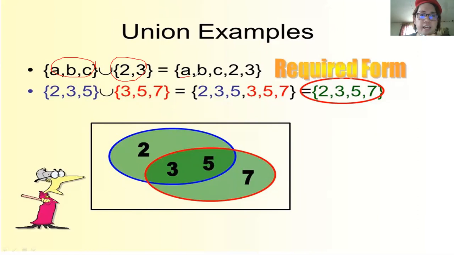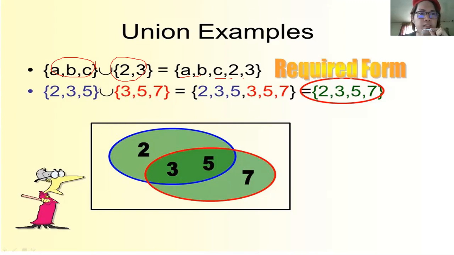So we'll just write A, B, C, 2, 3. Sir, is it okay if it is not arranged, not in order? As I said in the previous videos, in sets, order doesn't matter. It will not affect the result of our elements in our sets.